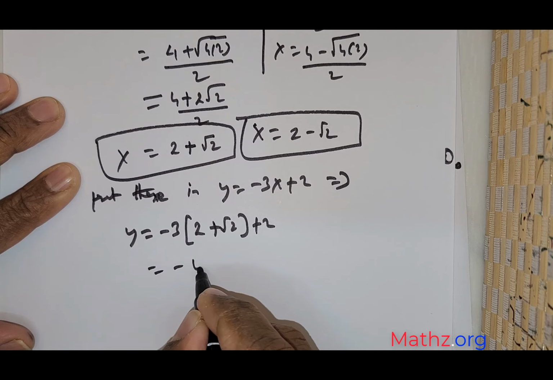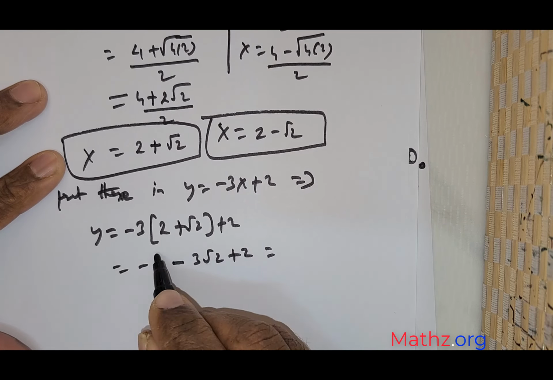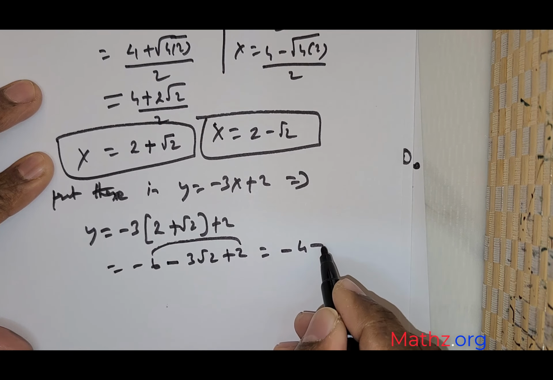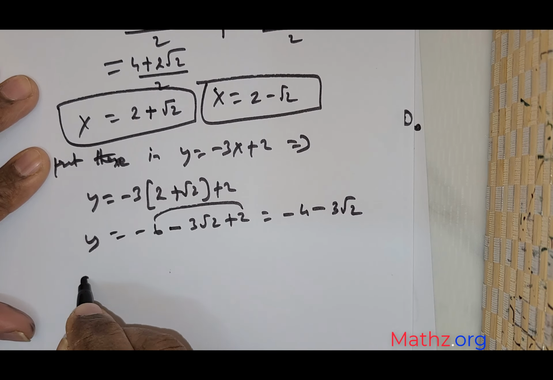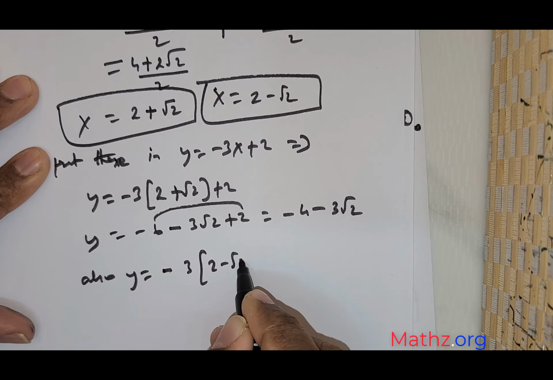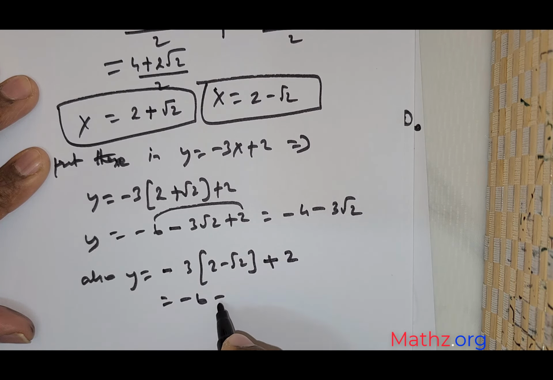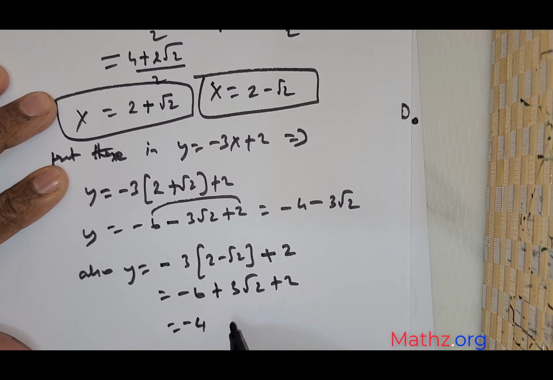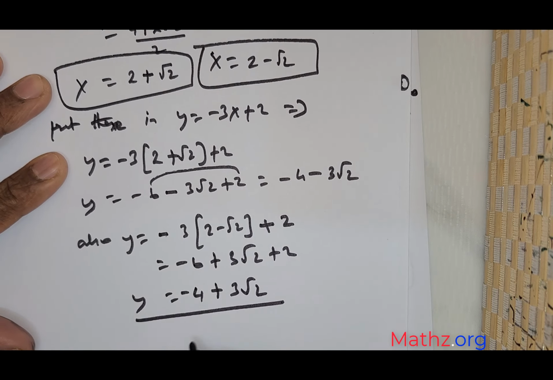So that's going to be -6 - 3√2 + 2. You can add these two, that's going to be -4 - 3√2. That is one value. So next value, y = -3(2 - √2) + 2. This is -6 + 3√2 + 2. That's going to be -4 + 3√2. So that's a negative value.